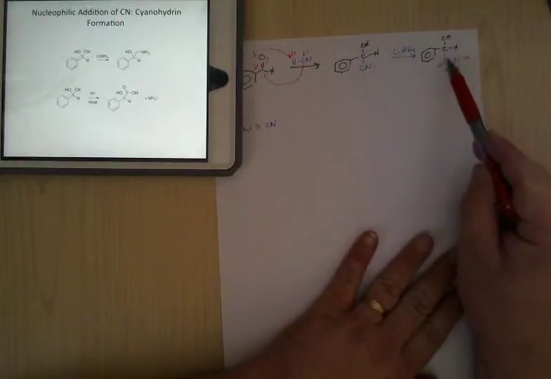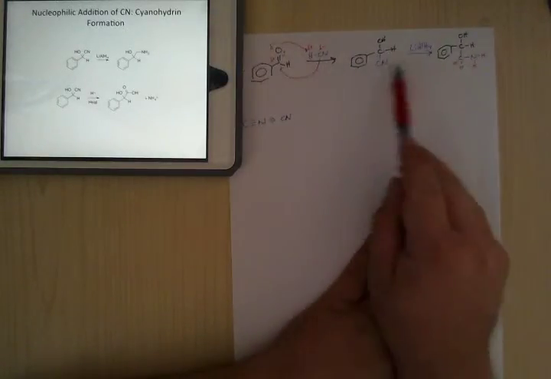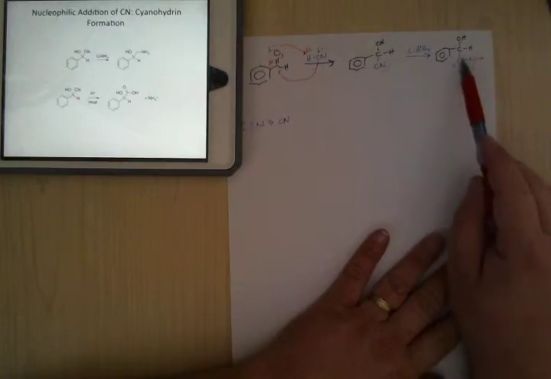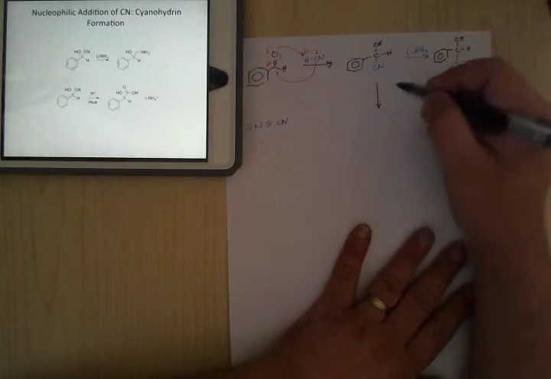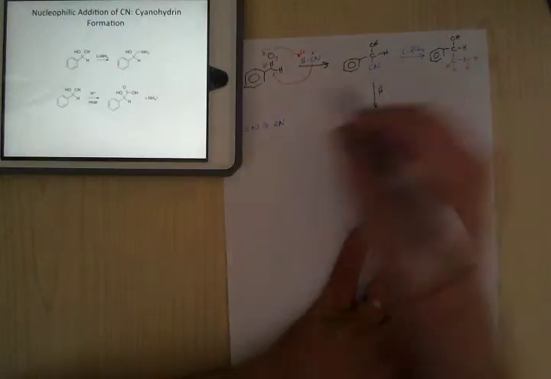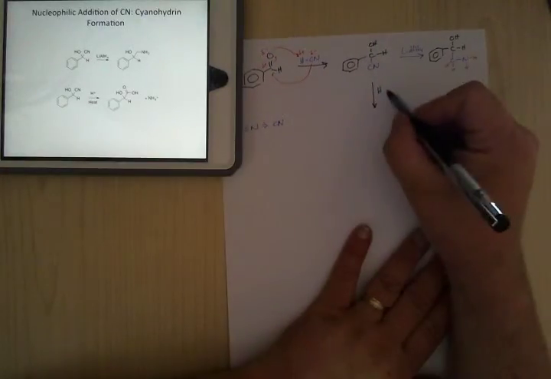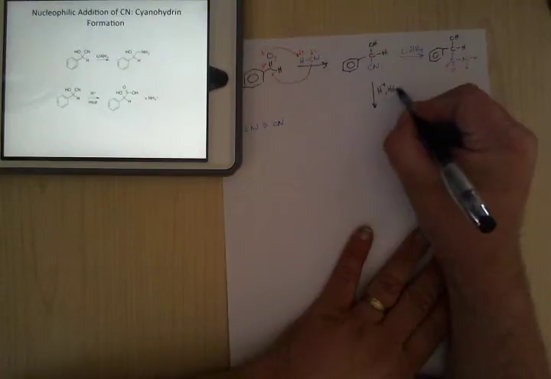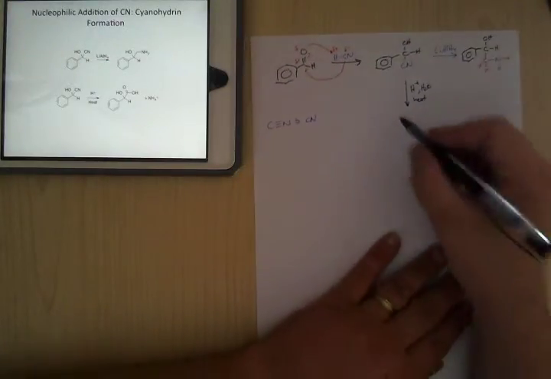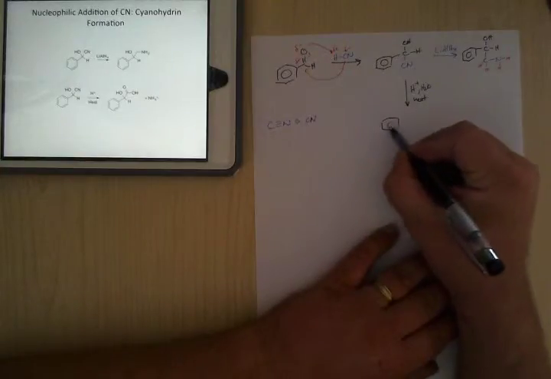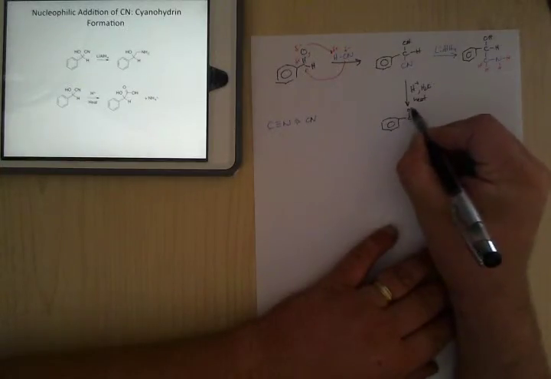So now we've made a new carbon-carbon bond. That's the nice thing about making the cyanohydrin. We've made a new carbon-carbon bond. Now the other thing that we can do is add water, H plus, H2O, and heat, and decompose that to the carboxylic acid.